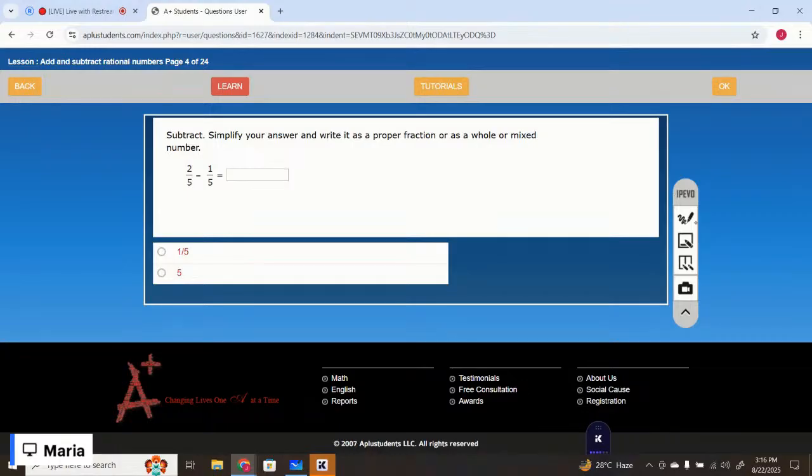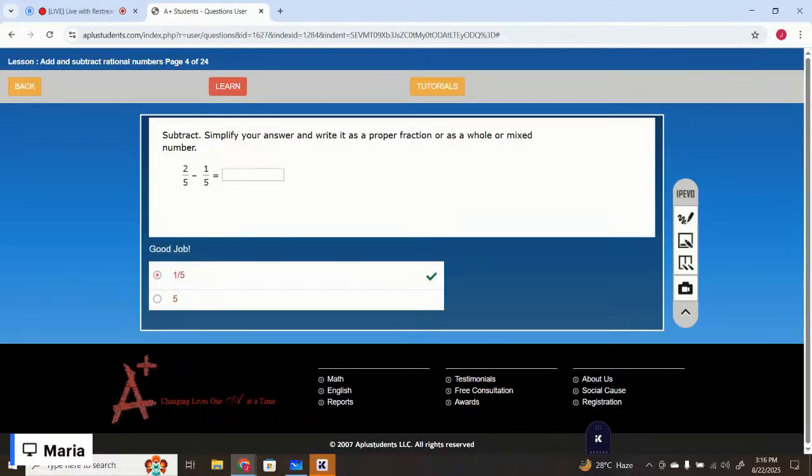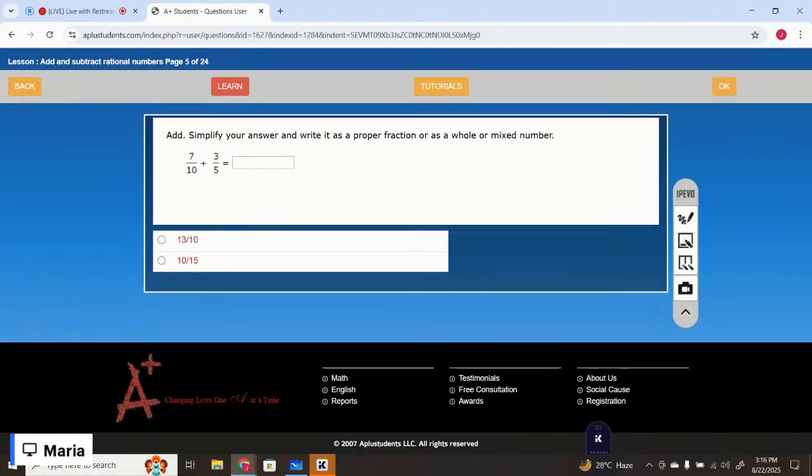2 by 5 minus 1 by 5 equals 1 over 5. Option number 1 is the correct option. 7 by 10 plus 3 by 5. Let's just make the denominators equal, right?